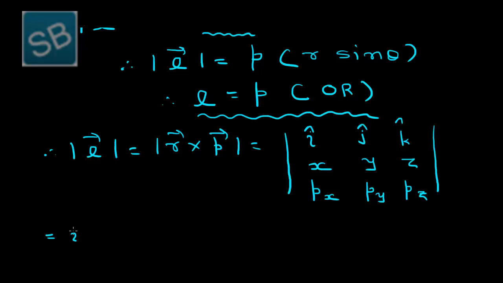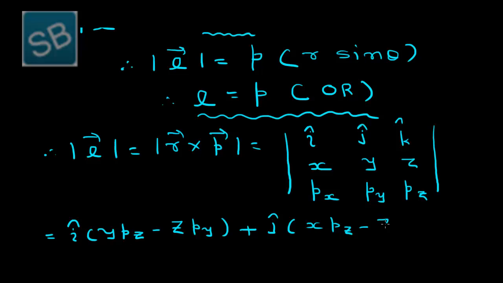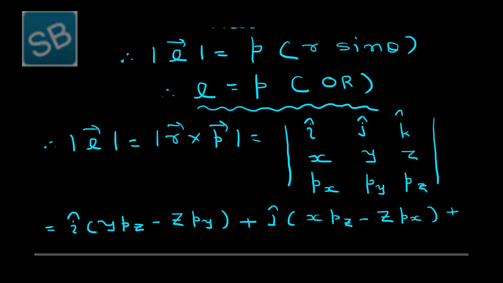So after simplifying, we will get i cap (y into pz minus z into py) plus j cap (x into pz minus z into px) plus the remaining terms I am writing over here, that is k cap (x into py minus y into px).